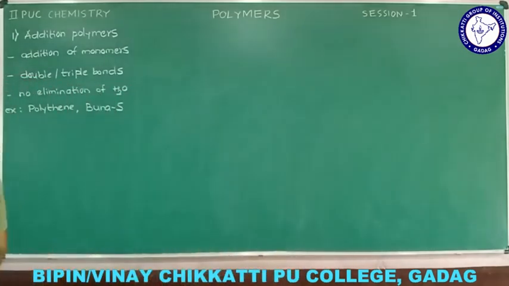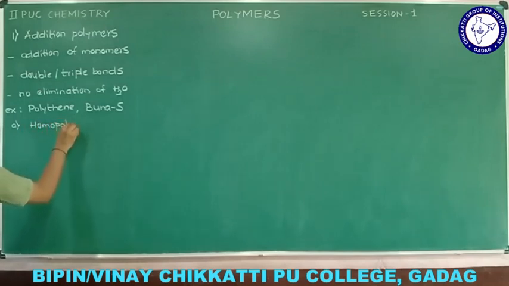So now addition polymers can be further classified into, the first one is homopolymers, and the second one will be copolymers.